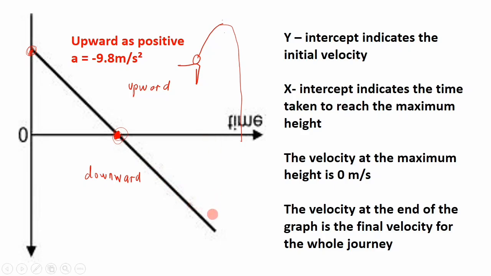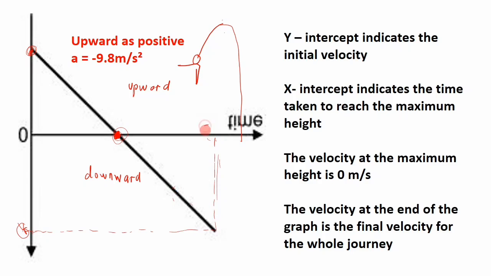So we have that they say the velocity at the end of the graph is the final velocity for the whole journey. So the velocity that you're going to acquire there, that's the final velocity, right? So the final velocity will be indicated by the value that will be obtained here. And the time here will be the time that was taken for the whole journey.